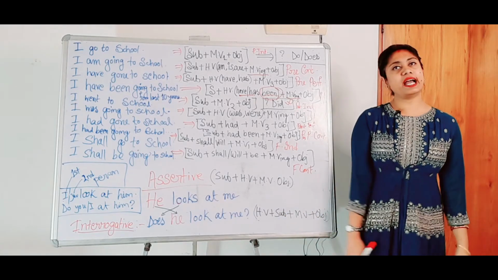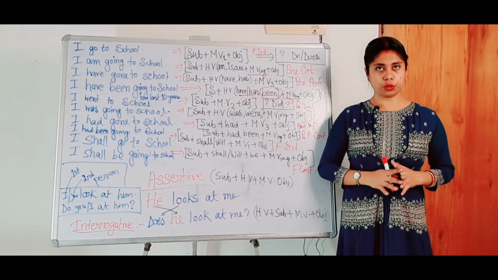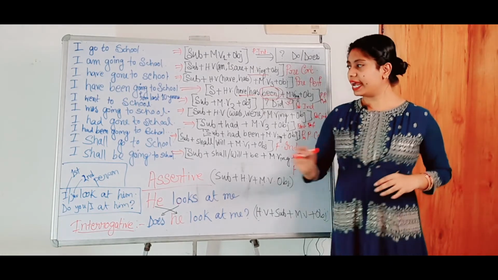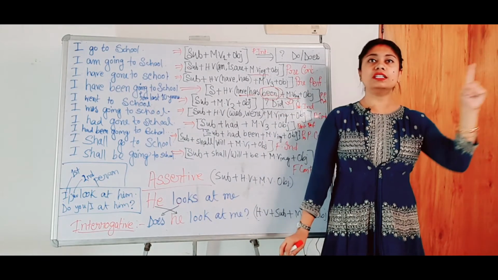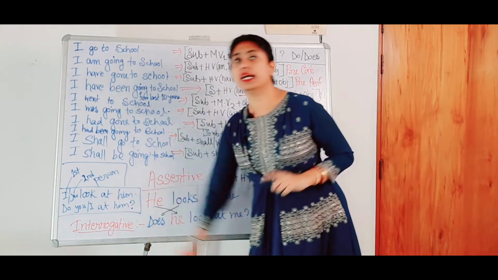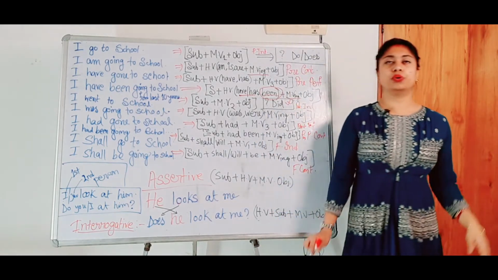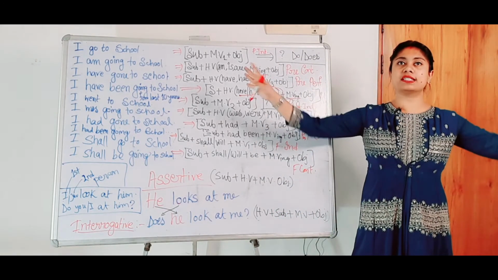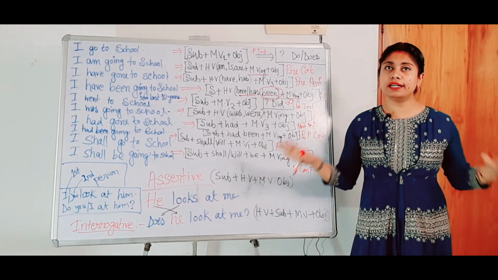So one more thing I am going to tell you: looks कब होता है, look कब होता है. What is the difference? Here I have written first and second person. I, that is first person subject. You, second person. The rest, he, she, it, him, all are third person.